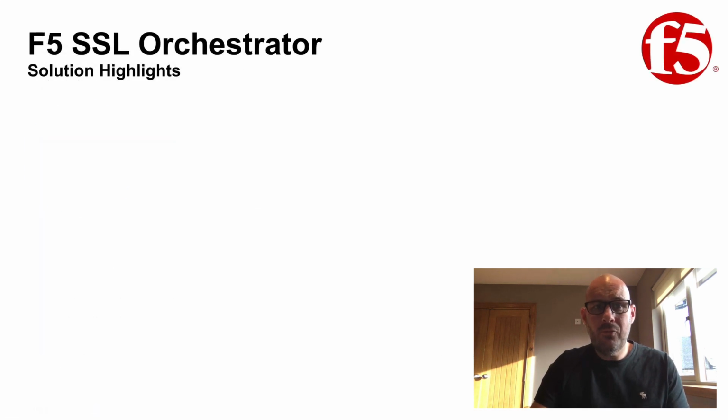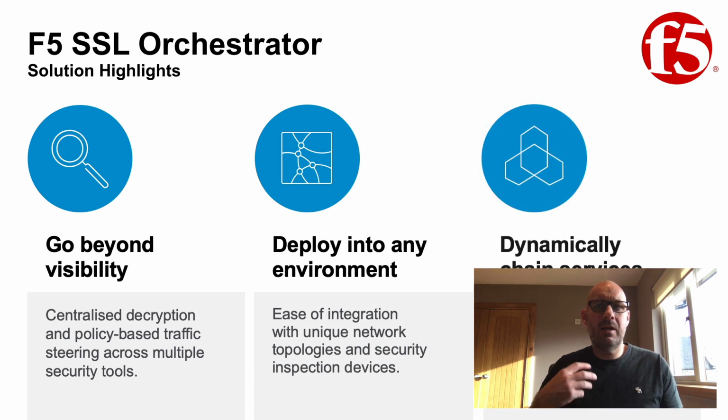So one final summary slide is just a bit of a summary of everything we've gone through today. So we go beyond visibility. We give you that centralized decryption and policy-based traffic steering across multiple security tools. We can deploy into any environment. We are absolutely agnostic to any environment that you have, so whether it's public or private cloud, co-located or on-prem, we can do all of it.